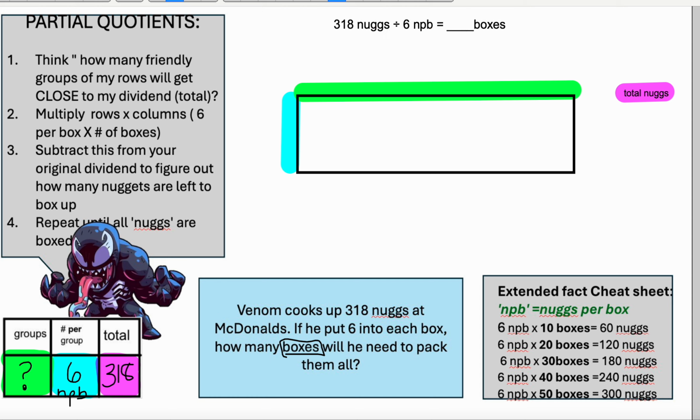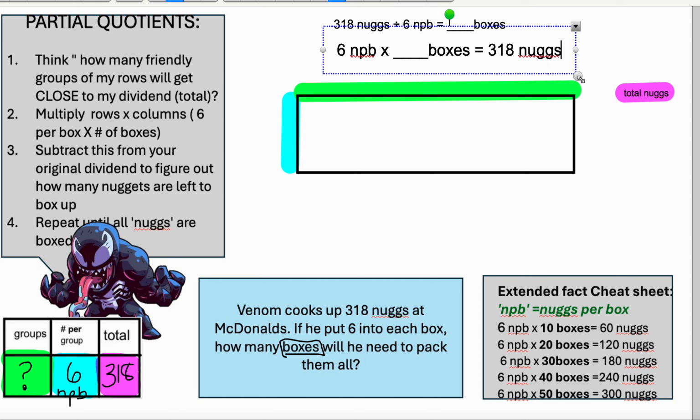If we're thinking multiplication, we always start with our divisor, which in this case is 6 nugs per box, multiplied by, I don't know how many boxes, we're trying to find our boxes, is equal to 318 delicious nugs.